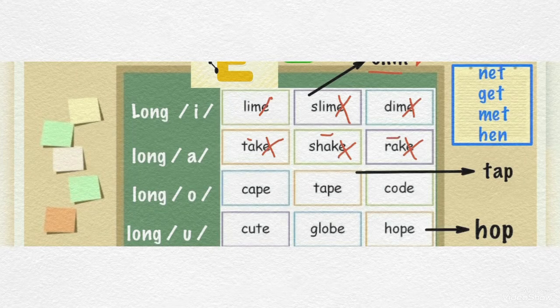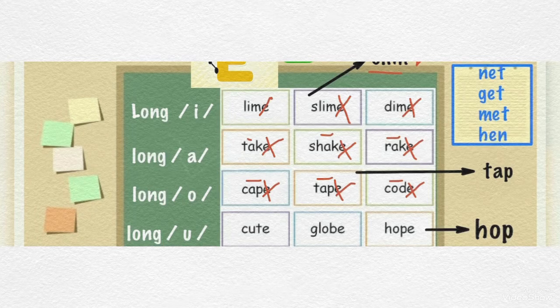The letter here is a long A. Cape. Here again silent E, but it makes A longer. Tape. I will not read letter E, but it makes letter A longer. Code. I will not read letter E, but it makes O longer. It makes it long O.